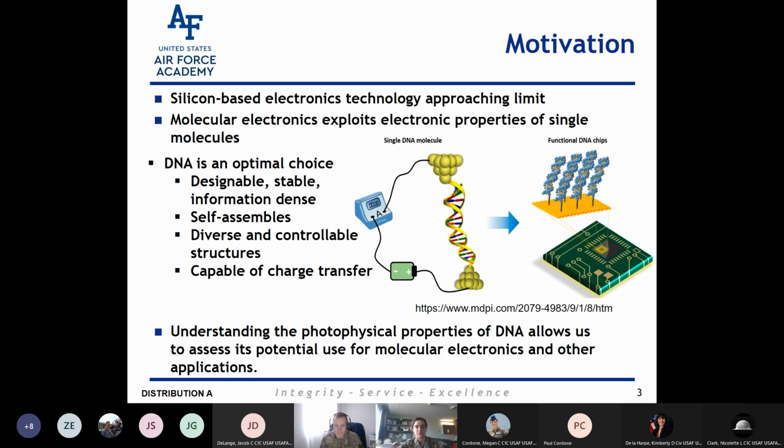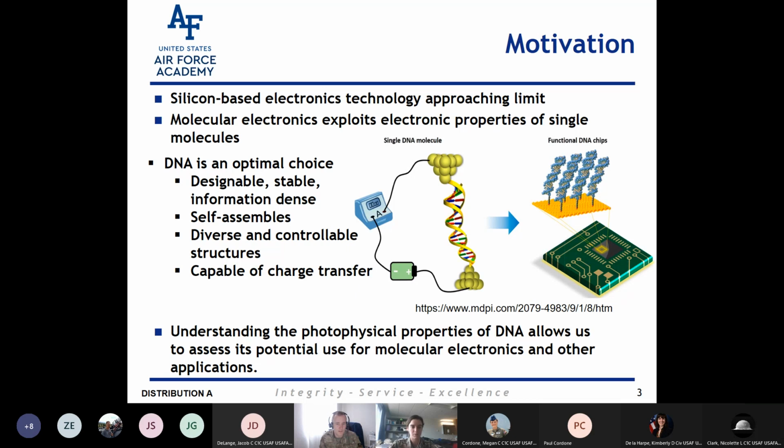So a little bit of motivation on why I chose to do this project. Everybody knows that silicon-based electronics technology is approaching its limit. The conductors and semiconductors that we use can only get so fast the smaller we make them. So instead, we want to look at an even smaller scale, to molecular electronics, which exploits the individual electric properties of single molecules.